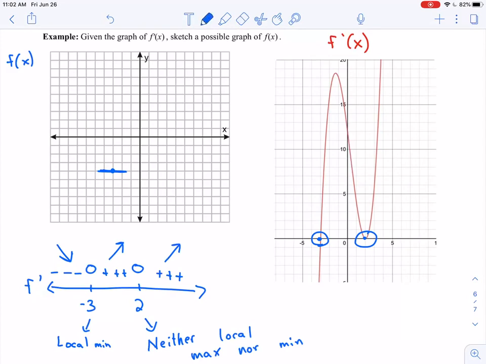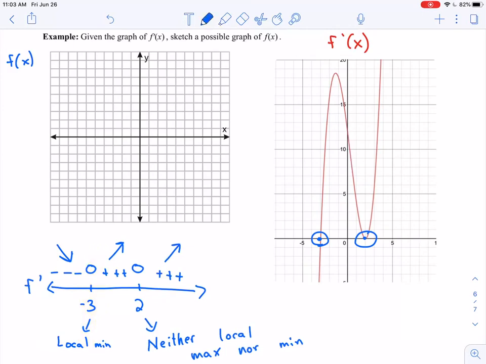Now, I could have placed that point at a different y value. I could have placed it up here, where I have this horizontal tangent line. It's decreasing on the left-hand side, levels out to achieve that horizontal tangent line, and then it's increasing after that. And both are perfectly fine. It doesn't really matter what y value you place it at. What matters is the x value that it occurs at. We said that we have that local minimum at x equals -3.